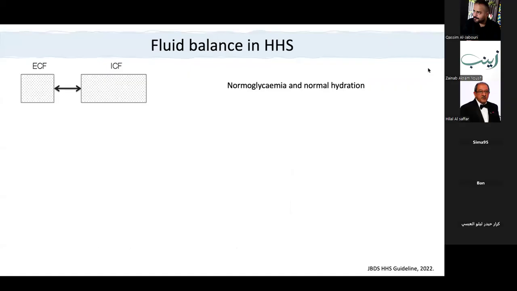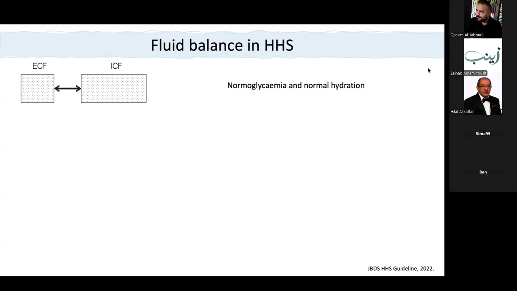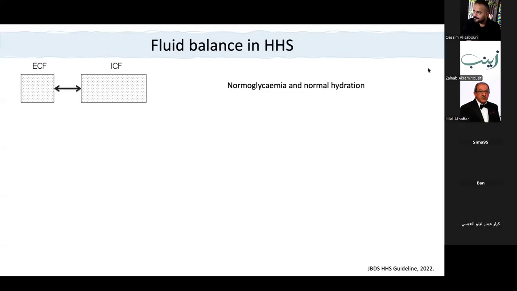Good. First of all, in order to understand HHS, we need to understand the concept of osmolality and the movement of fluids between the intracellular space and extracellular space. Normally there is an osmotic balance between the extracellular fluid and intracellular fluid, and this is maintained through the movement of the osmoles or the electrolytes between these 2 spaces.